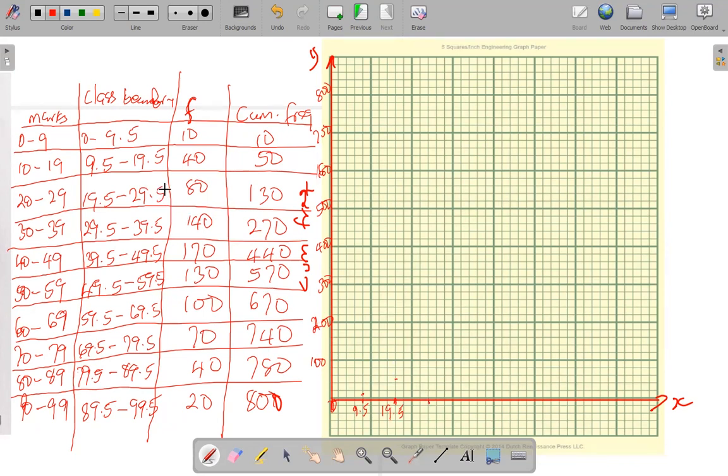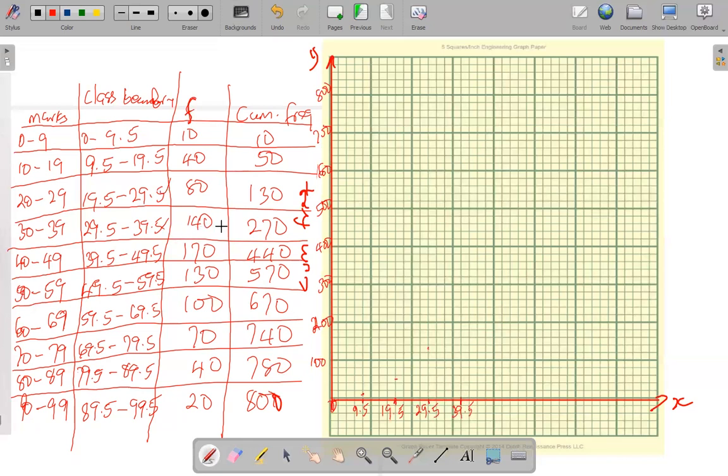What is the next thing there? 29.5. What is the cumulative frequency there? 130. This is 100, this is 120, so 130 should be here in the middle. Then count 4 boxes again: 1, 2, 3, 4. Right here is 39.5.